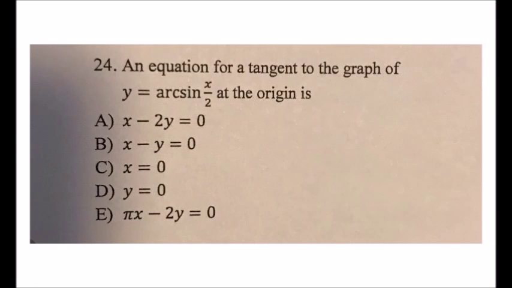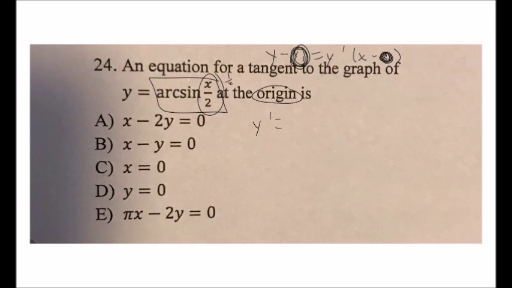Let's keep going. Tangent line. This is not bad either. Y minus y1 equals m times x minus x1. Origin. That means this is 0. That is 0. This is not bad. Arc sine of this, y prime equals u prime over square root of 1 minus u squared. U prime is 1/2 x.